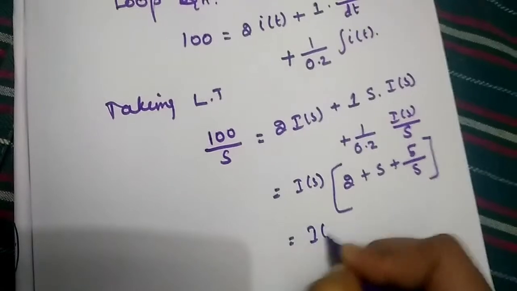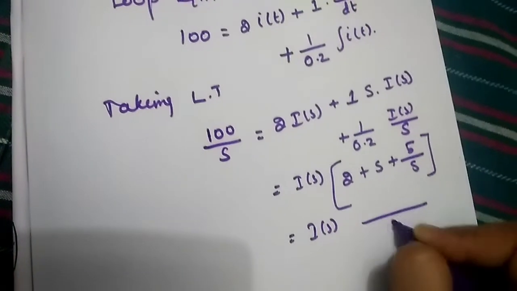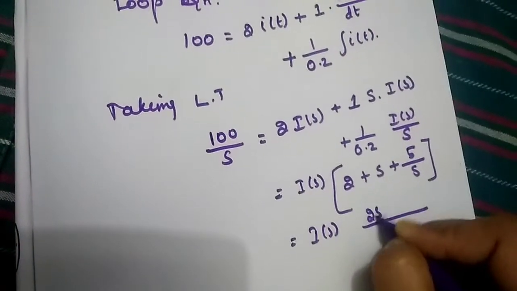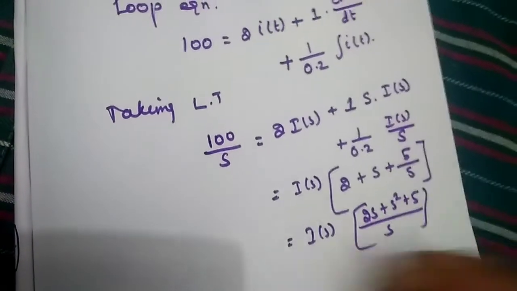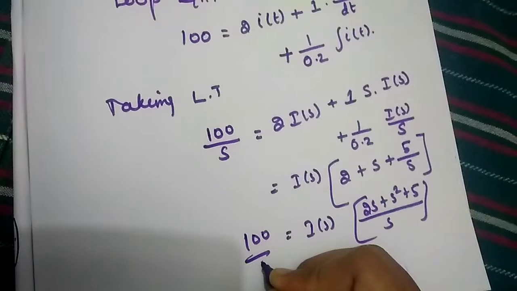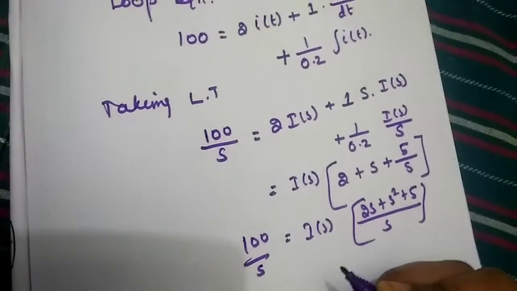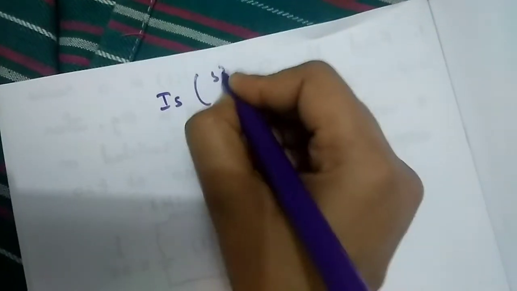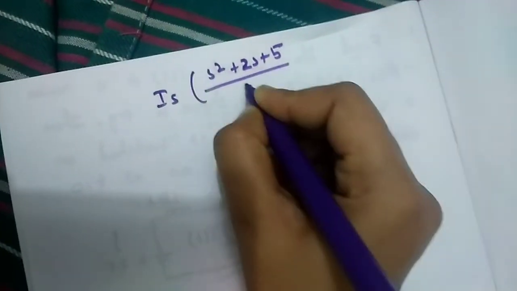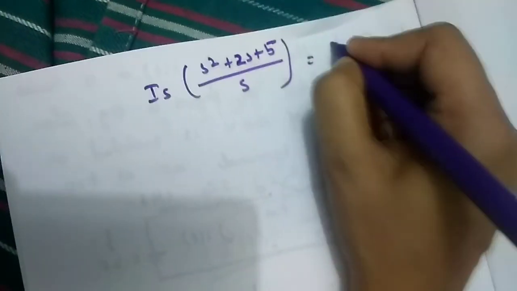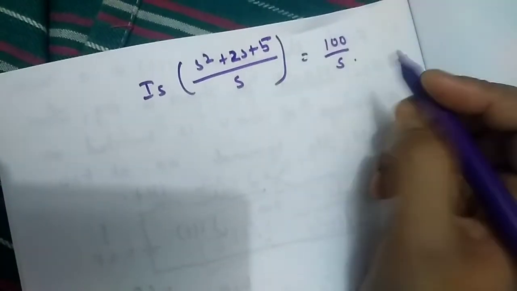Solving this, we get I(s) into s square plus 2s plus 5, divided by s, equal to 100 by s.